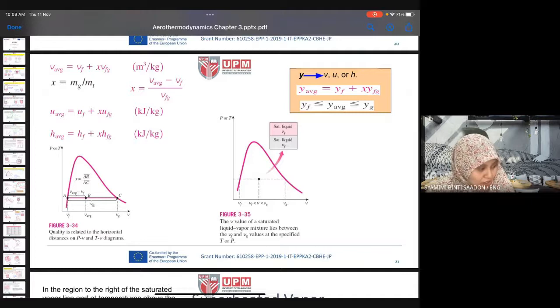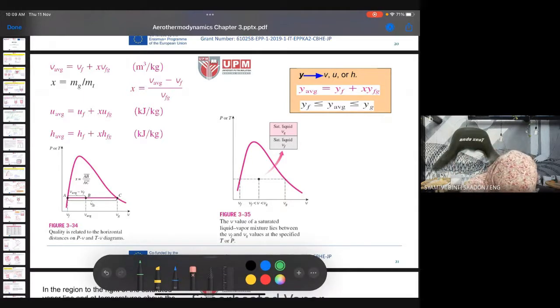Those are the equations, and for the specific volume we can also use X. If we know the quality, for example we want to calculate the internal energy or enthalpy at this point, and here it is still close to saturated liquid, maybe around 0.4.